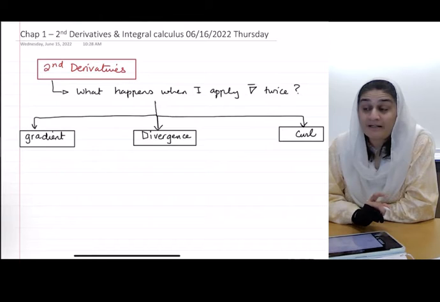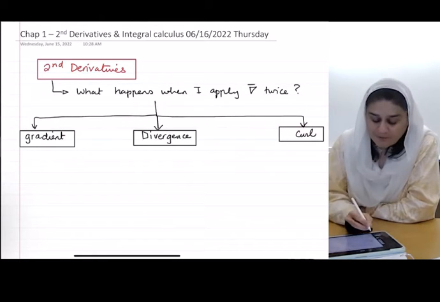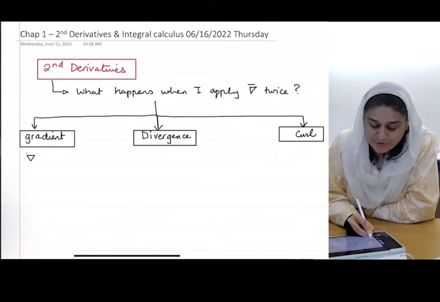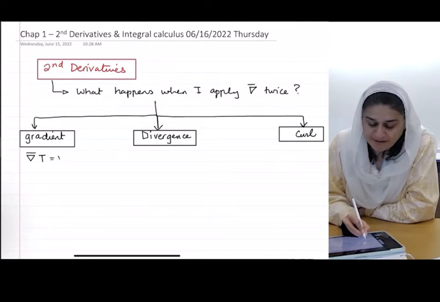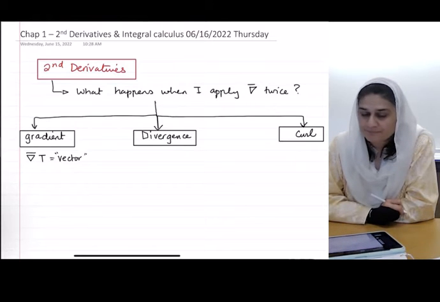When I applied the del operator to make a gradient, I had to apply it to a scalar term, and that gave me a vector answer.